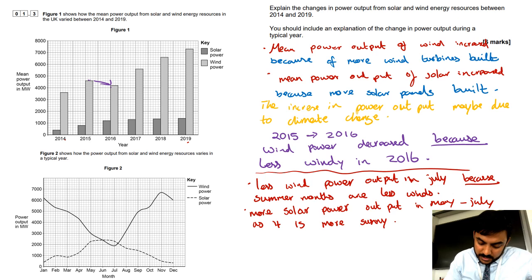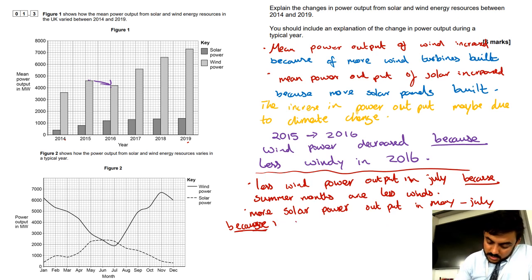Okay, as it is because it is more sunny. Okay, other statements that we could make. No, I suppose we couldn't say more sunny because there is more sunlight hours in the summer months.